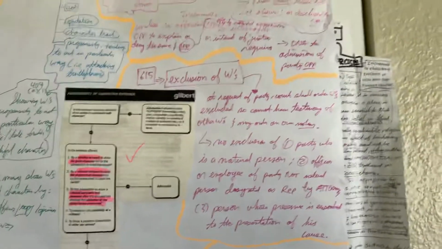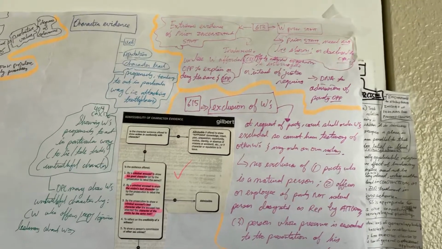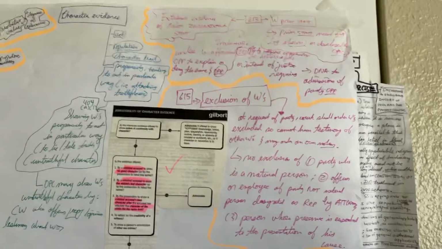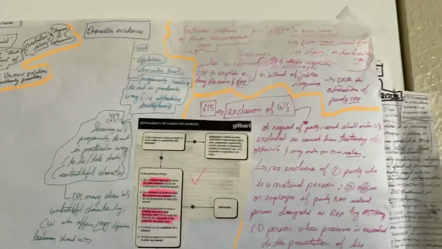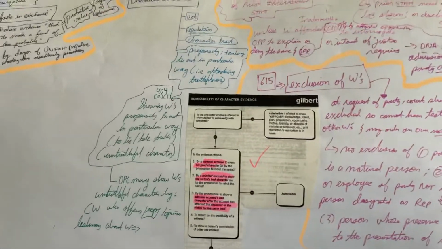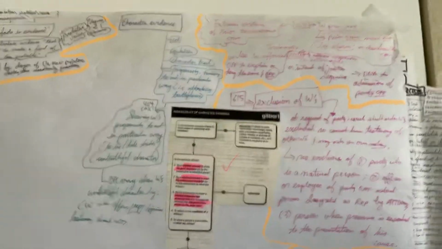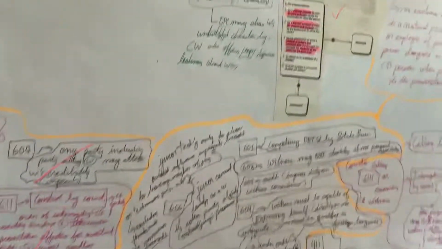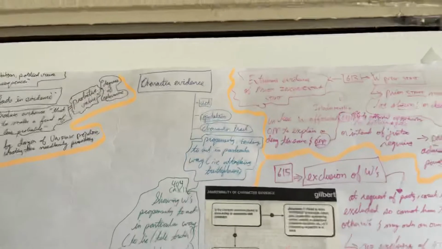There's no exclusion of a party who is a natural person, an officer or employee of a party that is not a natural person designated as representative by its attorney, or a person whose presence is essential to the presentation of the party's cause. And so we'll talk more about hearsay next, and that is basically all we need to know for multiple choice and for the essay on character evidence.